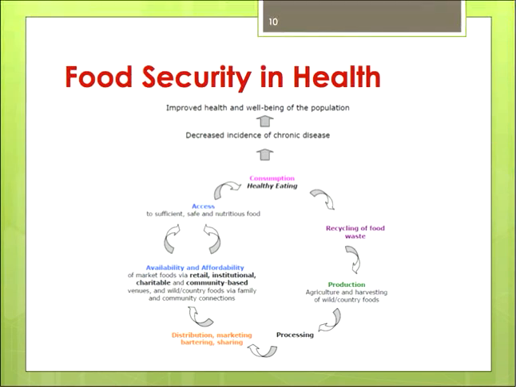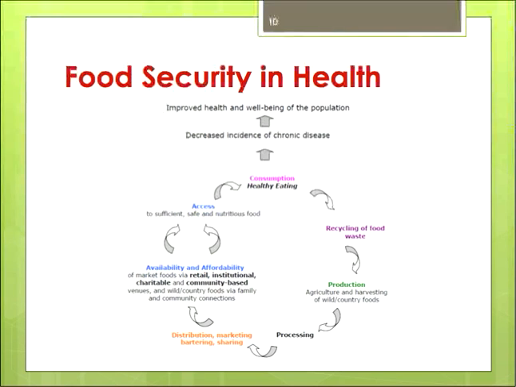So in health, we are trying to make a case for community food security. I did this diagram just to help our health partners understand why this is important. In health, there is a very well-established understanding that healthy eating reduces chronic diseases and improves population health. So that is not arguable. There's enough ample evidence on that.